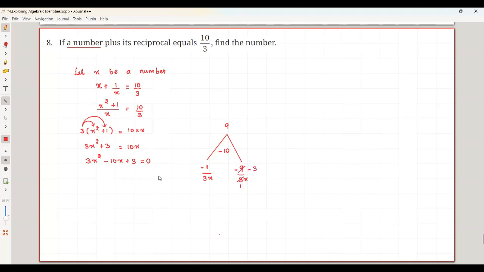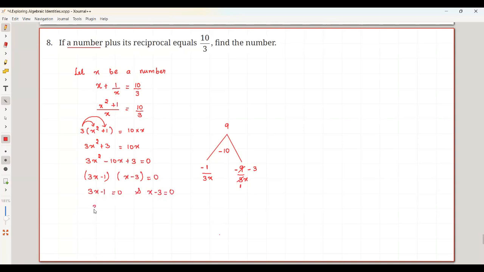What is the factor? This can be written as 3x minus 1 and x minus 3 is equal to 0. From this we can equate: 3x minus 1 is equal to 0 and x minus 3 is equal to 0.